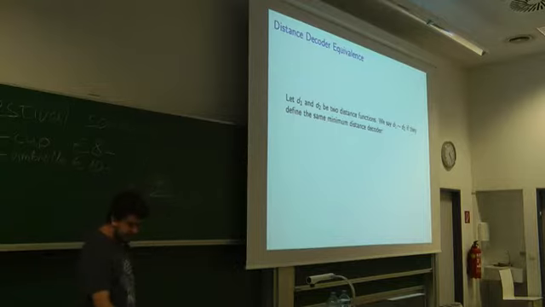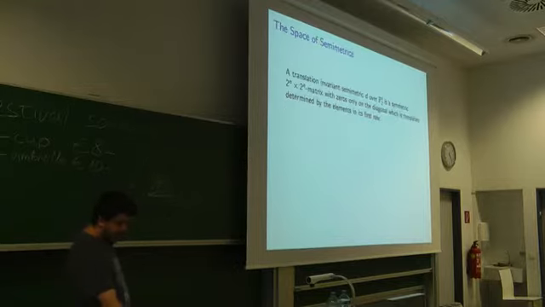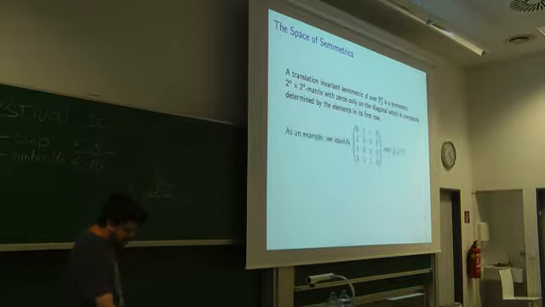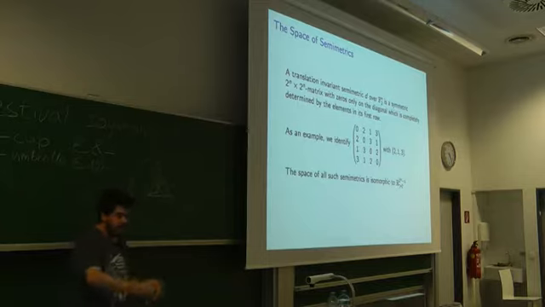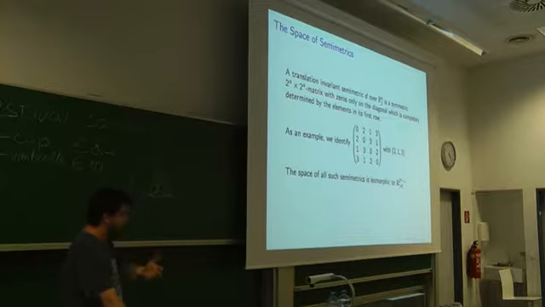If you look at the space of all translation invariant semi-metrics, it's going to be all matrices which are symmetric, and actually they're defined by only one single row. The important concept here is that you can identify it with some Euclidean space.